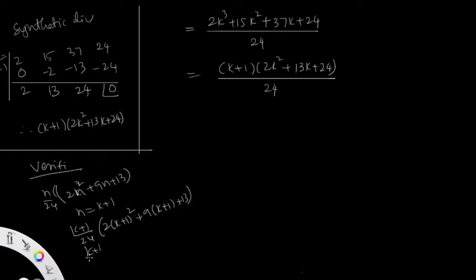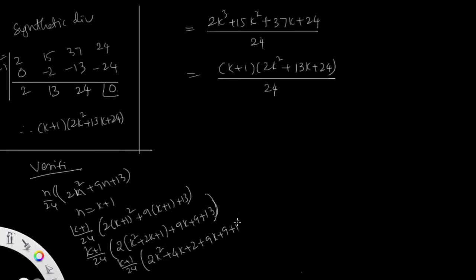That is k plus 1 by 24 into 2 times k square plus 2k plus 1 plus 9k plus 9 plus 13. So k plus 1 by 24 into 2k square plus 4k plus 2 plus 9k plus 9 plus 13, which means 2k square plus 13k plus 24, into k plus 1 by 24.